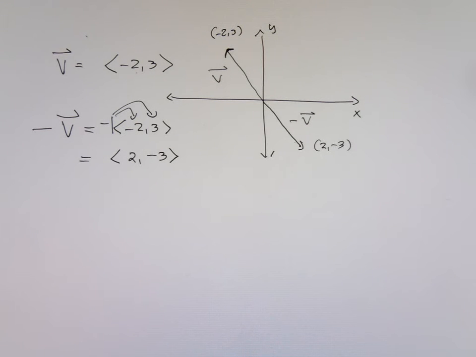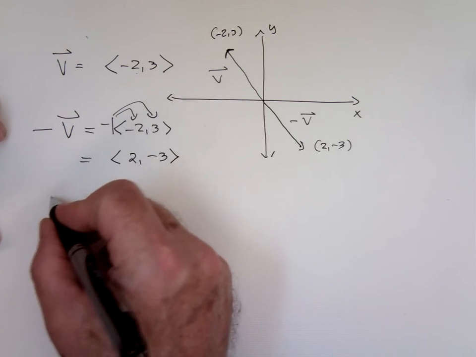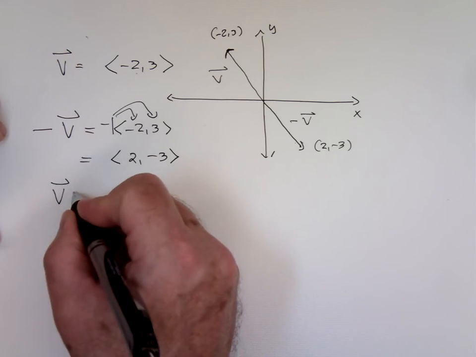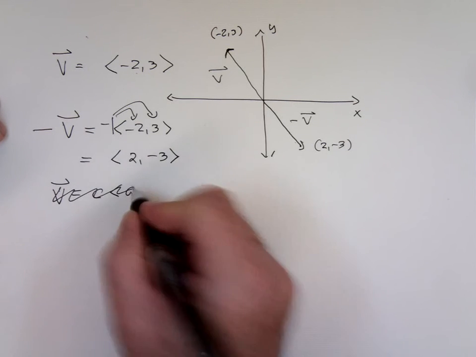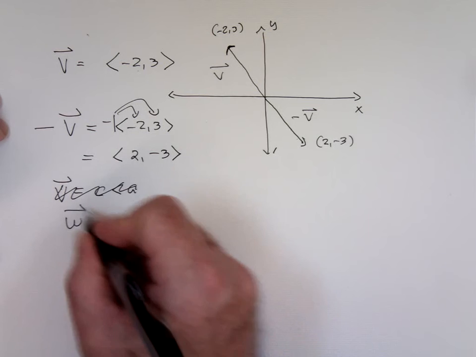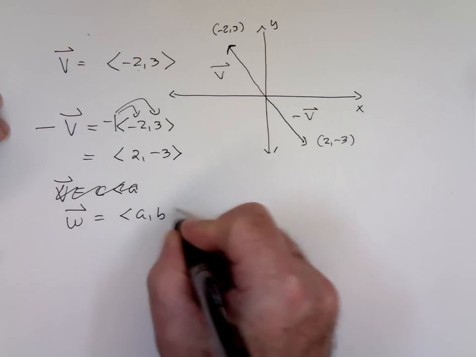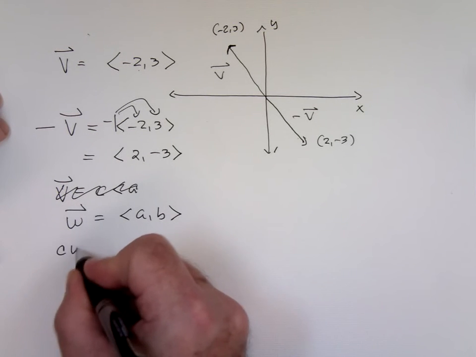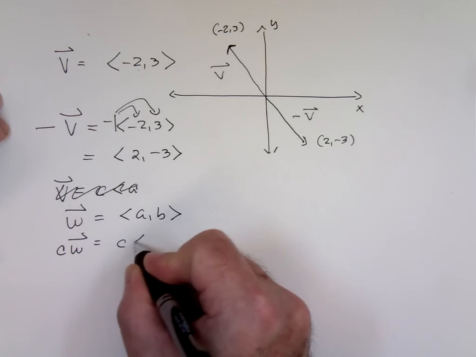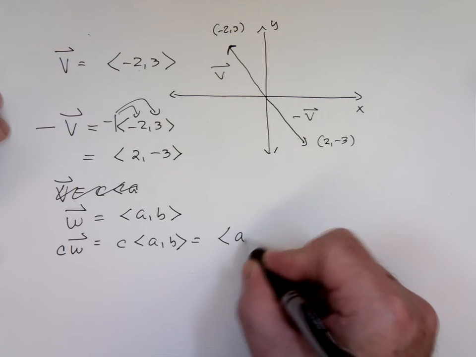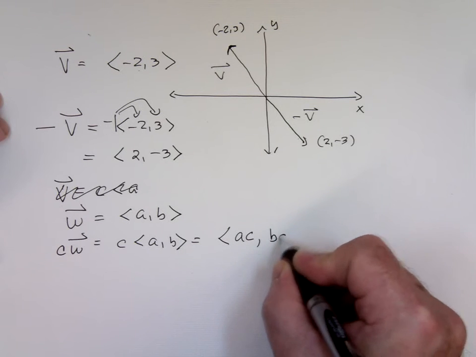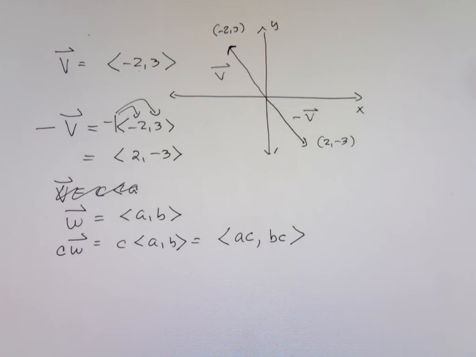In general, when you take some vector and multiply by a constant, you multiply each component by that constant. If that constant is a number greater than 1, what happens to the vector?